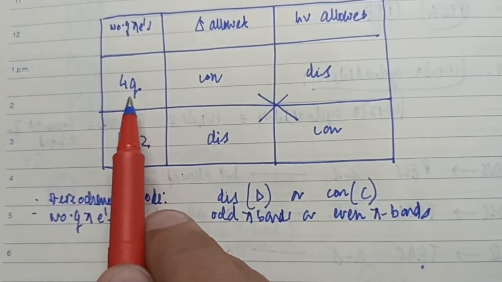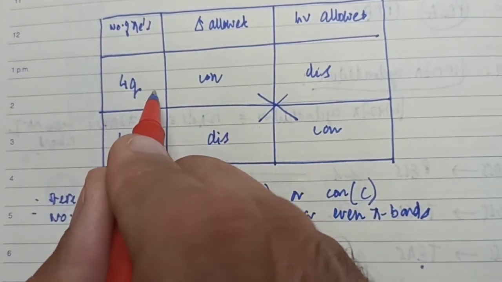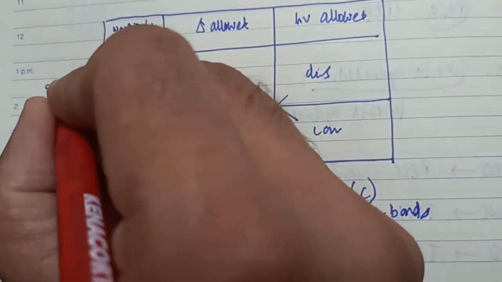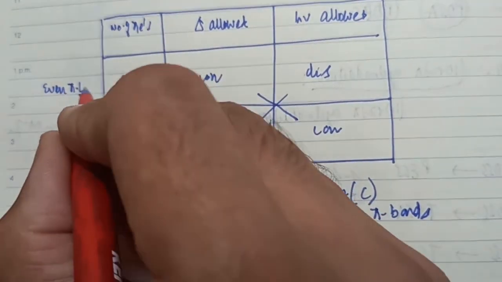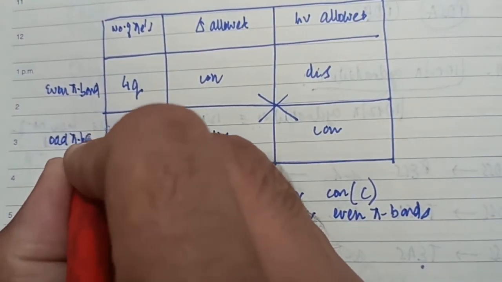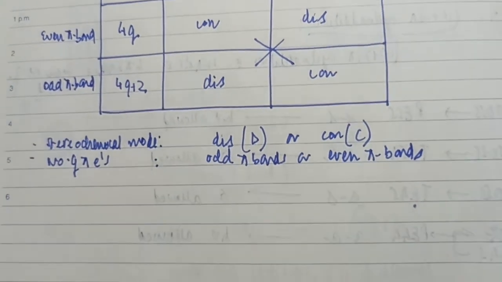So 4q pi electron system will have 4 pi electrons, 8 pi electrons, 12. This would correspond to an even pi bond system, and this would correspond to an odd pi bond system.